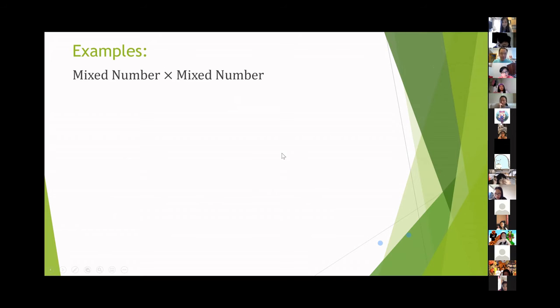Another example, mixed number times mixed number. Now, take a look at this. Remember, we have to change the mixed number to an improper fraction. So I'll give you 1 minute to do this question.